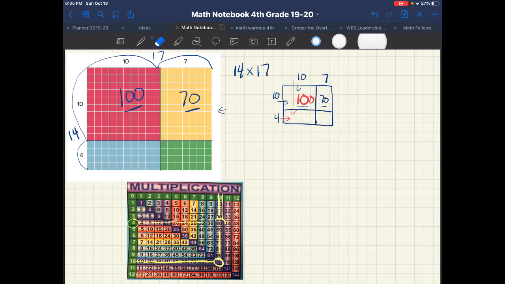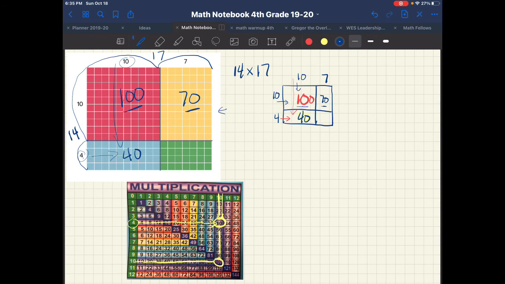See if I can erase that so we can see it. So there we go. These two meet up at 40. You can't read it when I write it in yellow. 40, so that's 40. This part is 40. See how, again, the 4 and the 10 meet up to make 40.